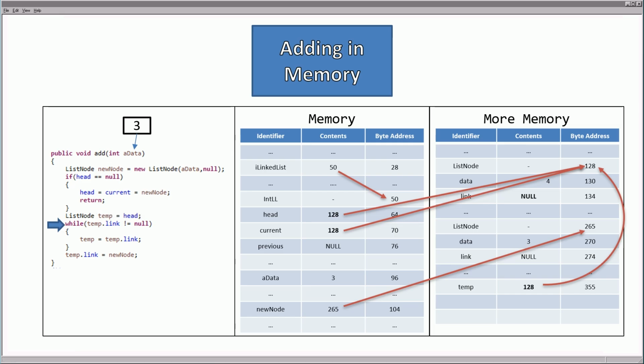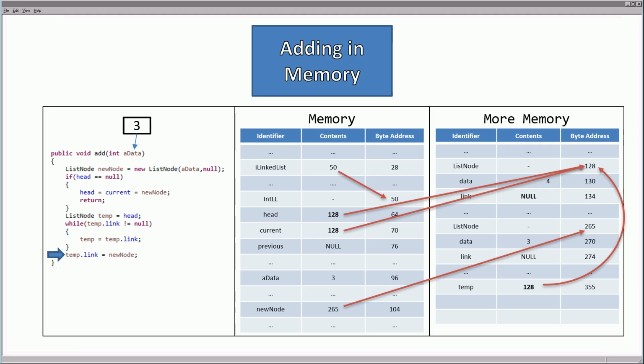While temp.link is not equal to null: if we take this identifier, which just holds a memory address, and we go temp.link, we have to follow where this is pointing to and then access the property that's right here. Temp.link is equal to null. We found the end of this list.